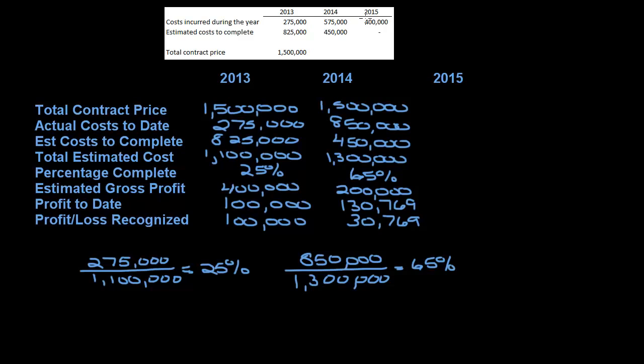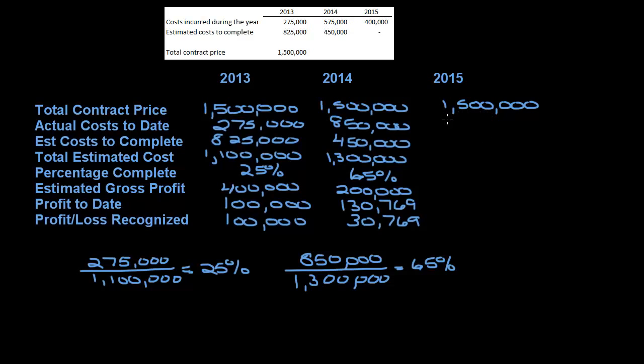Okay, now let's move on to 2015. In 2015, we finished the job. So my total contract price is still 1,500,000. The actual cost to date, so I've got 275,000 from 2013, 575,000 from 2014, and another 400,000 from 2015.